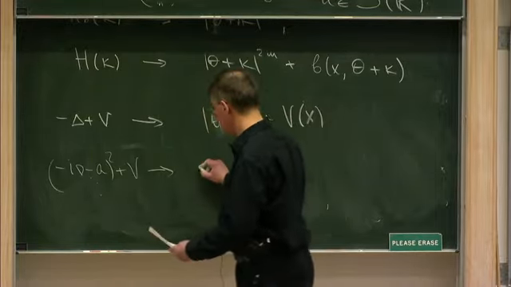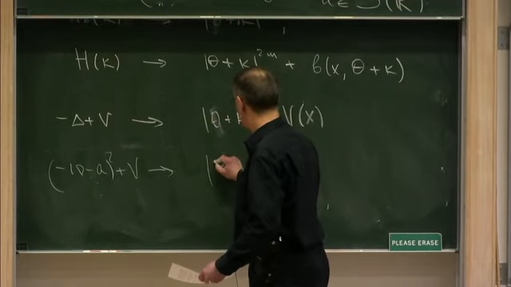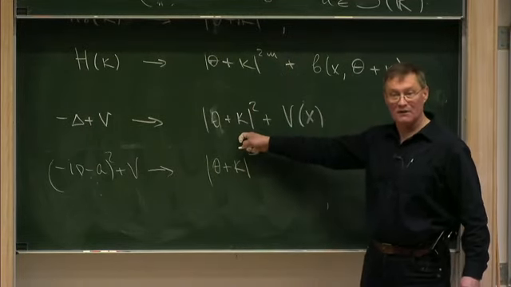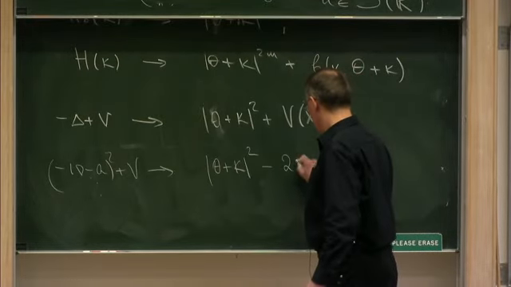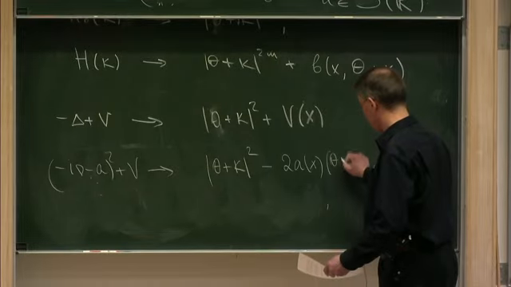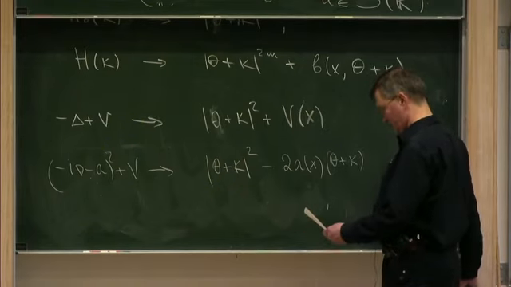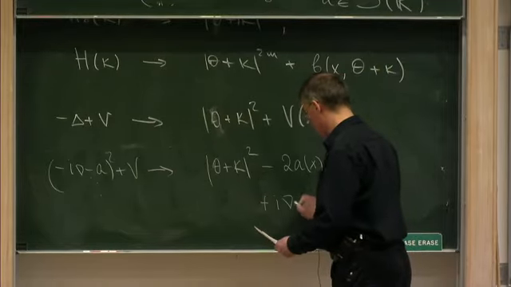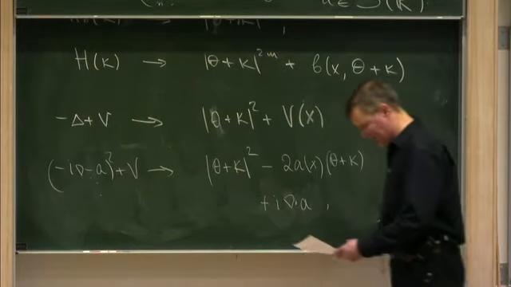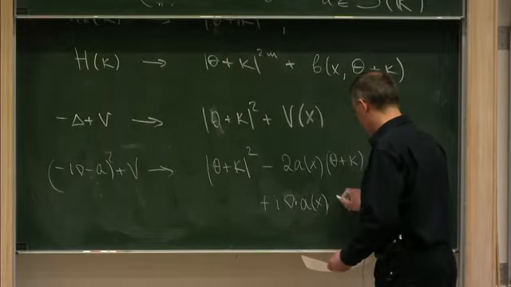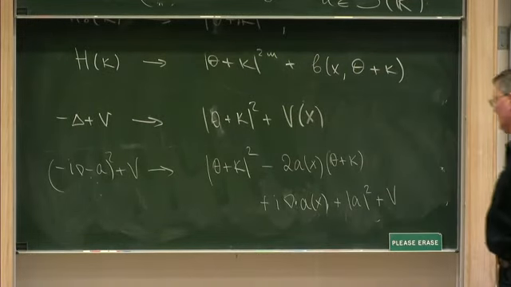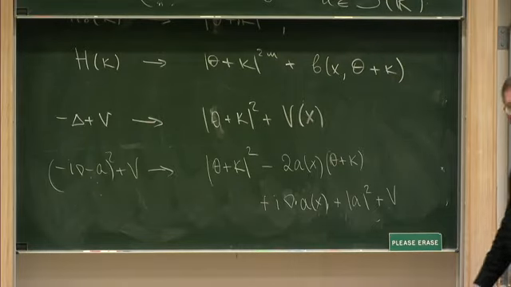So this is going to be theta plus k squared, which is the same as the Laplacian, minus 2a of x dot theta plus k, plus i gradient a, this is gradient with the dot, okay? So this is divergence of a, plus a squared plus v.